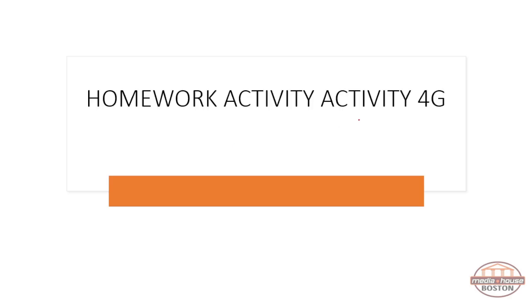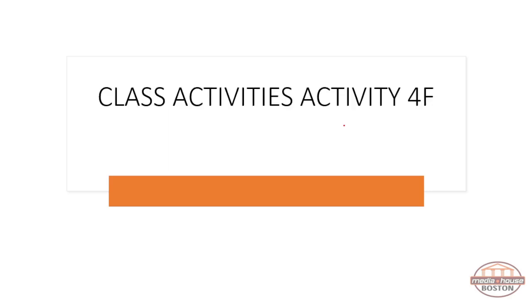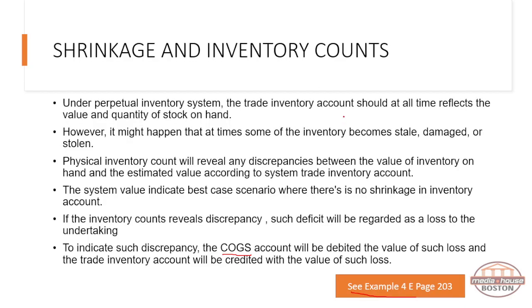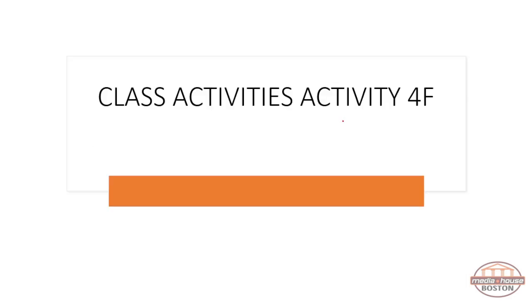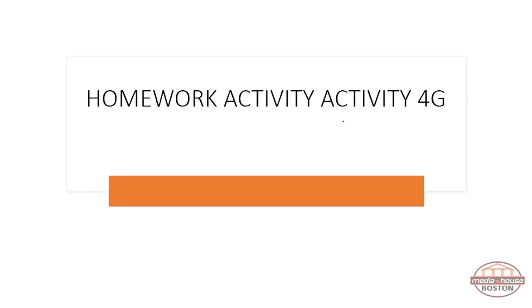You can also do number 4G, which is part of continuous assessment on shrinkage and inventory. If you master the two, you will understand the concept in terms of the income statement, shrinkage, as well as the difference between the net profit, gross profit, and operating profit.